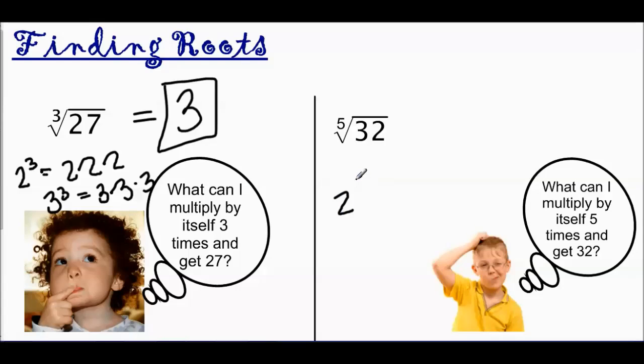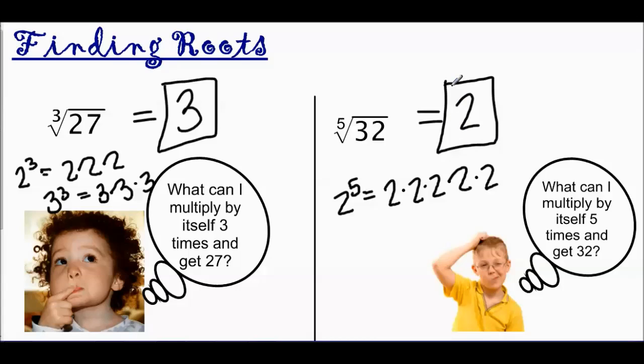If I have 2 to the 5th power, that would be 2 times 2 times 2 times 2 times 2. So 2 times 2 is 4. 4 times 2 is 8. 8 times 2 is 16. 16 times 2 is 32. Therefore, the 5th root of 32 is 2. So start small, do some guess and check, and you'll start to become more familiar with those squares and cubes and whatnot.